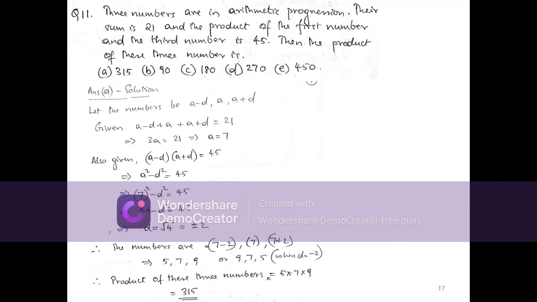Now, according to the question, the sum of these 3 numbers is 21. That is A minus D plus A plus D equal to 21.